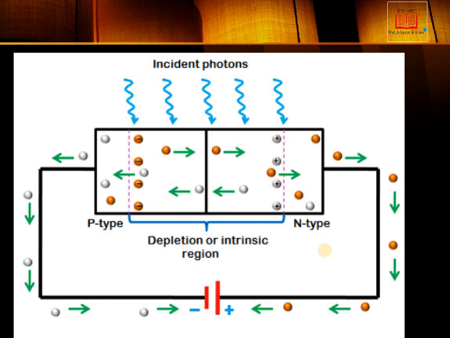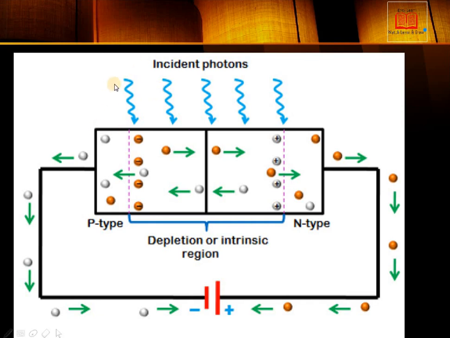While in the normal p-n rectifier diode, this energy is provided thermally. When we raise the temperature, we are providing energy in the form of heat. So when temperature is increased, reverse current is increased.